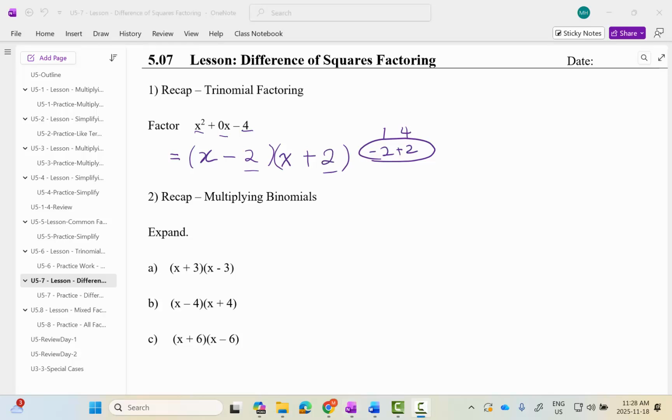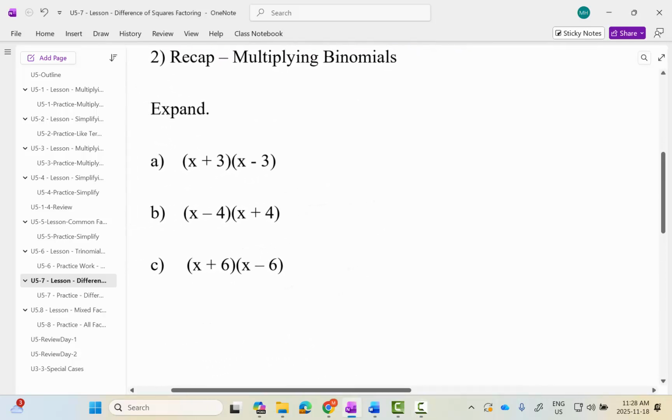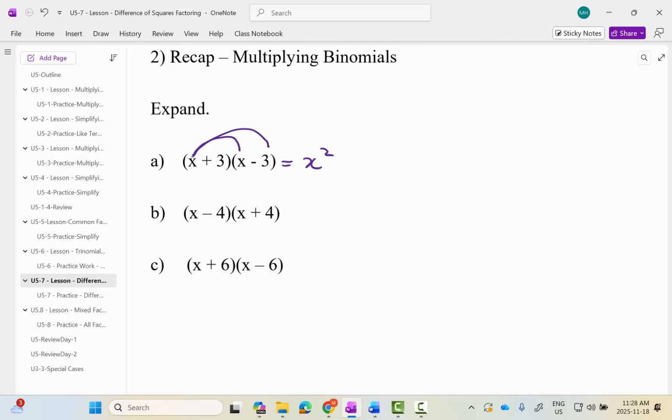All right, so let's try to multiply binomials and see what happens in these different cases. So let's multiply these. You get x times x, right? And then that gives you what? X squared. X times negative 3, that gives you negative 3x.